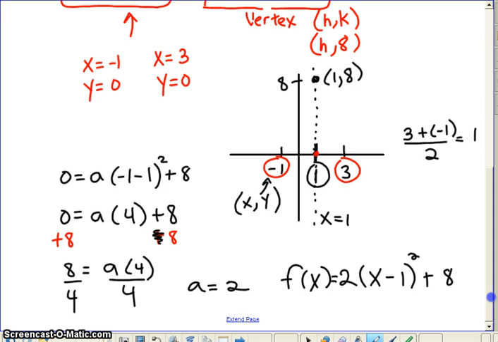This should have been -8, which turns this into a -2. Okay? So that way it gives me a maximum, and that makes sense with my graph. It comes up and then it comes down like that. Okay?